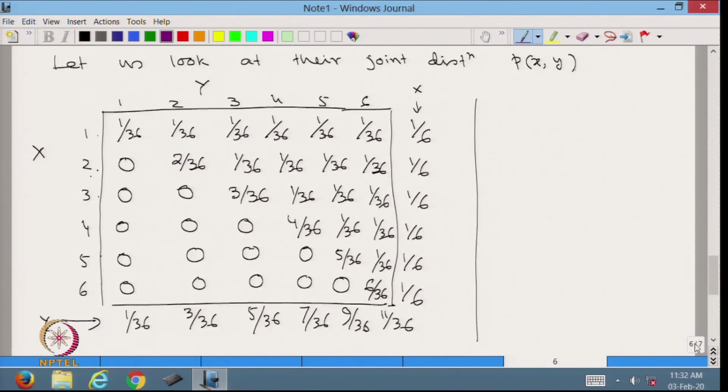So, we are looking at probability x is equal to 1 and y is equal to 2.